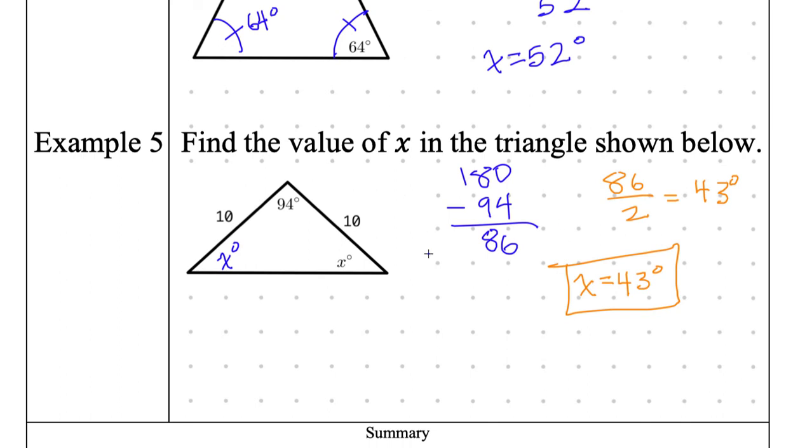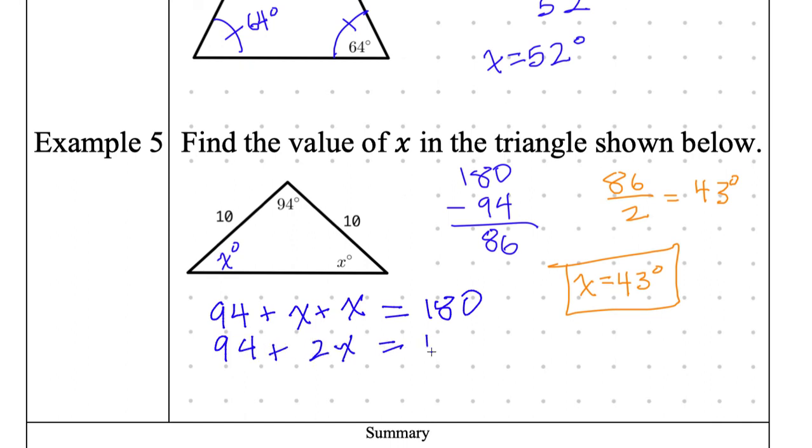So another way of explaining it is this too. If I add all 3 of these angles, 94 plus x plus x, they should add up to 180. If I simplify the left-hand side, I have 94 plus 2x is equal to 180. And again, I'm doing what Gunnar said, first subtract 94 from 180, which is exactly what we did up here.